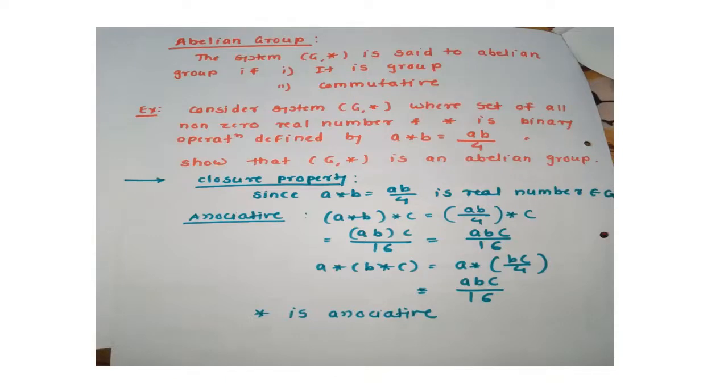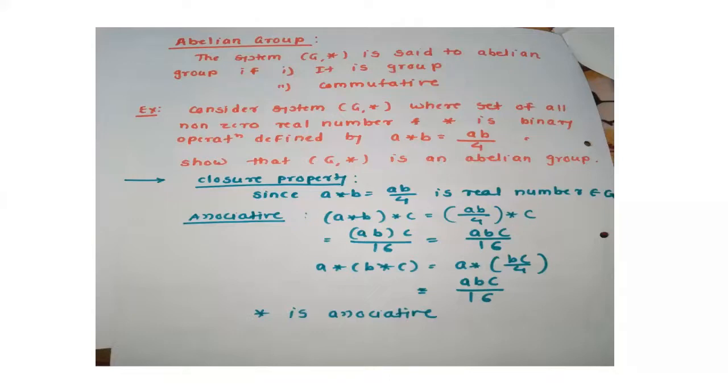Last lecture we studied groups. What is a semigroup, a group, and a monoid? A semigroup satisfies two properties: closure and associativity. For a monoid, it is associative, closure, and has an identity element.